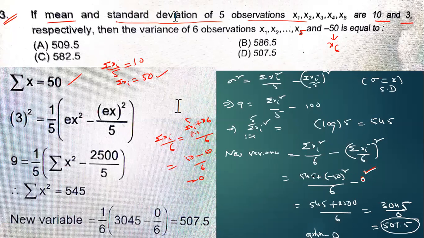So give the conclusion. Sigma x by 6 is 0, so the average of these 6 observations is 0. So shall I proceed, dear students?